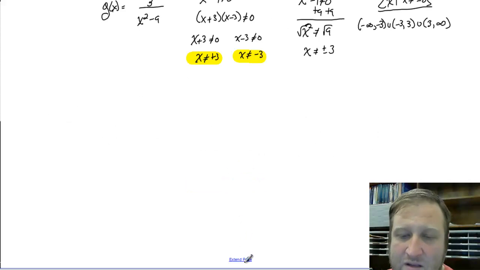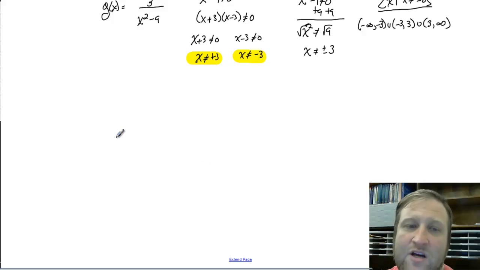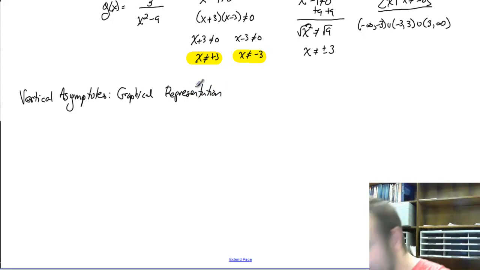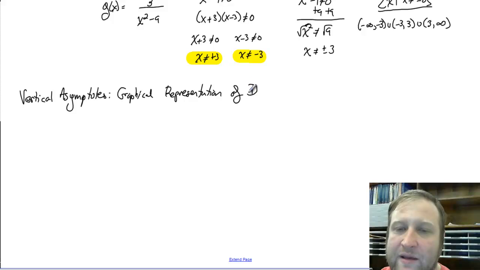And now we can see exactly how this relates to vertical asymptotes. So vertical asymptotes are a graphical representation, excuse me, of domains.